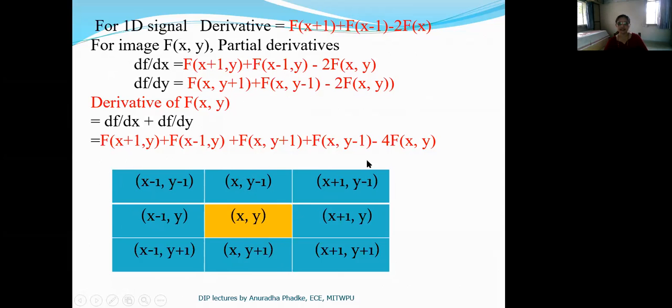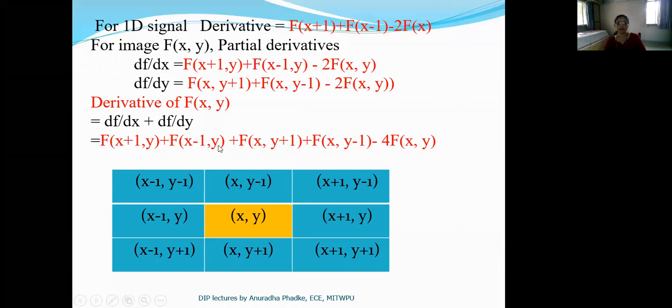So this is the equation of the derivative for a 3 by 3 image when we consider horizontal and vertical variation. From this equation, we can design a mask which we can apply on a 3 by 3 region to give a sharpening operation.